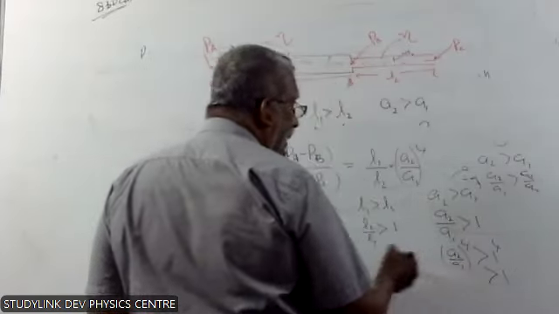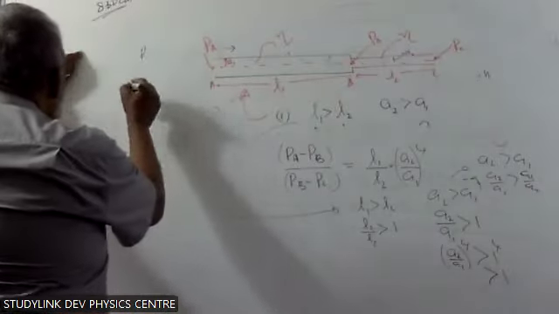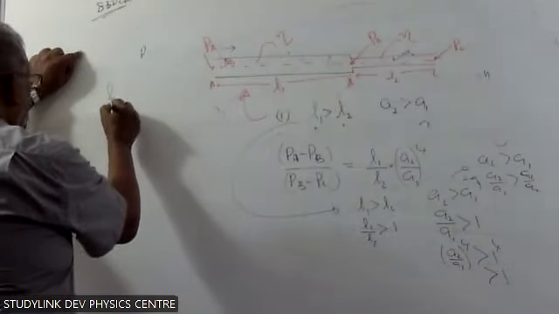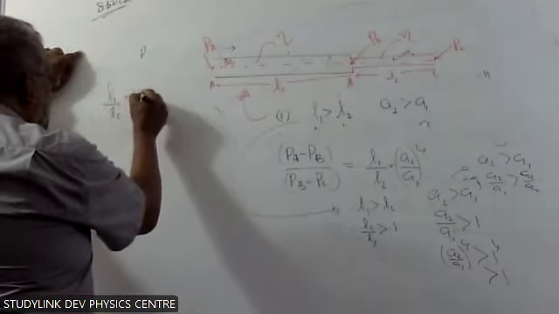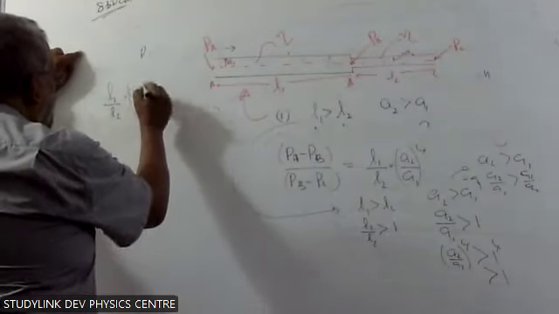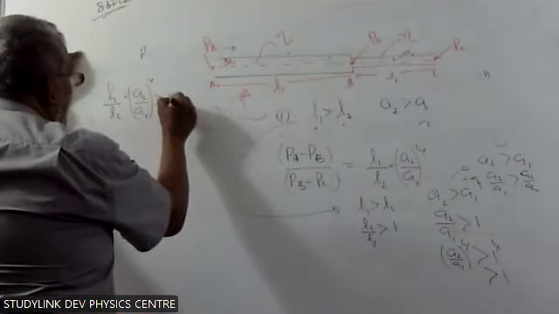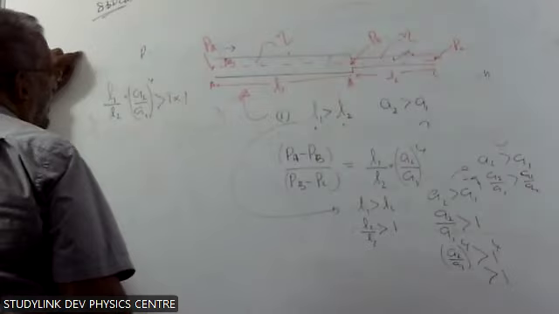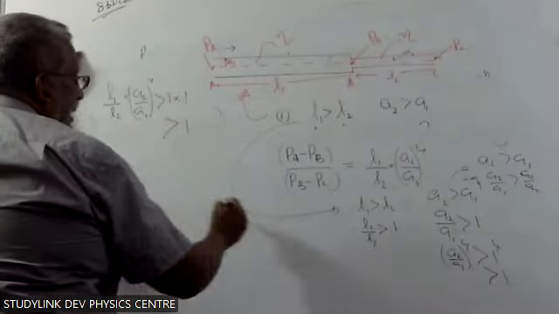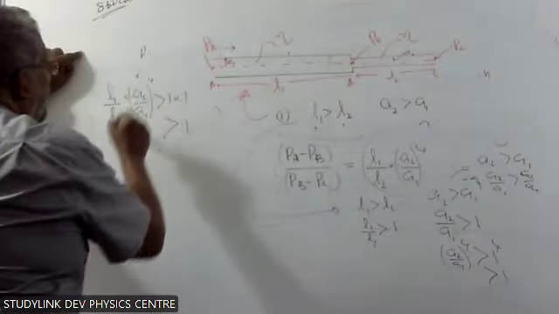So now we can multiply these two. That means L1 over L2 into (A2 over A1) to the power 4 is greater than 1 into 1. That means greater than 1. This is the one I wrote here.